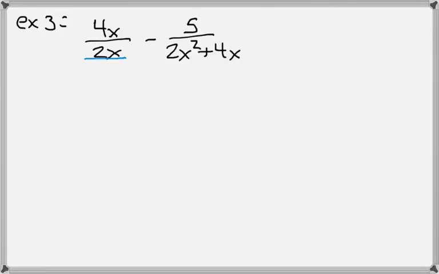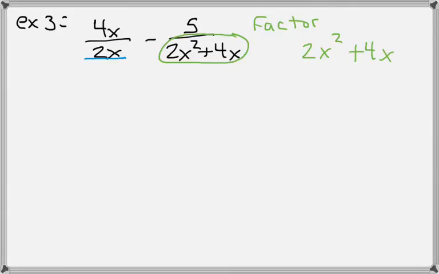So what I'm going to do is I'm going to look to factor. So I'm going to look at this denominator right here and see if I can factor it out. So I'm going to come off to the side here and write a 2x squared plus a 4x so you can see a little bit better what we're doing. When we were factoring this, we want to look for a common factor. So what is a common factor that I can pull out of both?